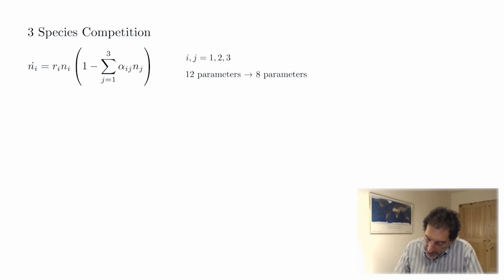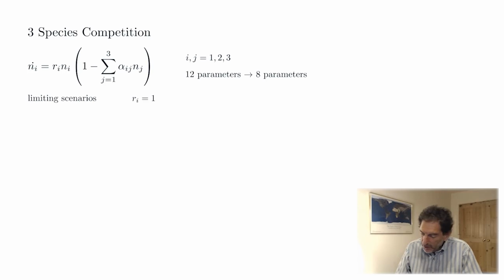So let's consider the limiting situation in which all the r_i are equal to 1. And furthermore, let us assume that alpha_12 is equal to alpha_23 is equal to alpha_31, so cyclically permuting the indices. Let's define these things to be alpha.